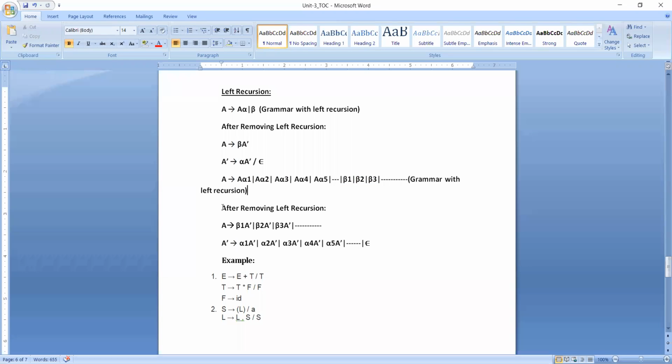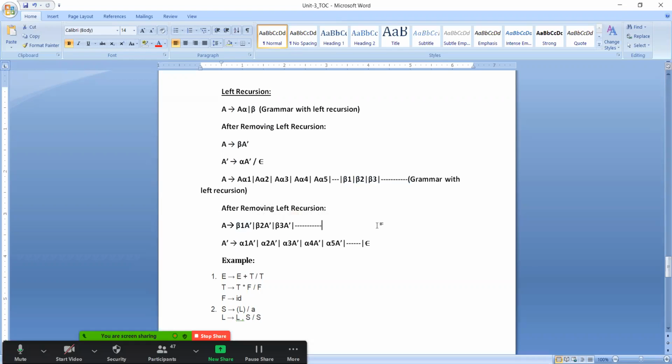In such cases, how do you remove the left recursion? We follow the same approach. Here we had just a single beta, so we used beta and a new variable A dash. But here we have multiple betas, so we use beta 1 A dash, beta 2 A dash, beta 3 A dash and so on.